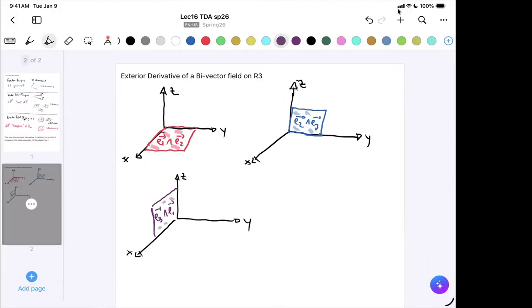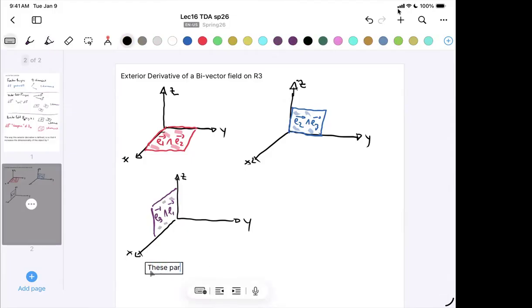So these three are the analogs of i, j, and k in the world of parallelograms.